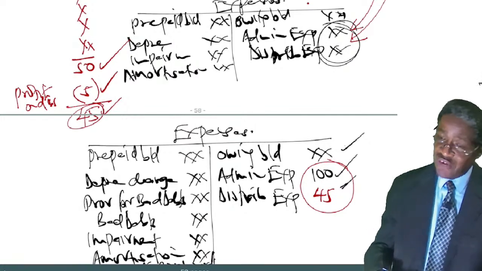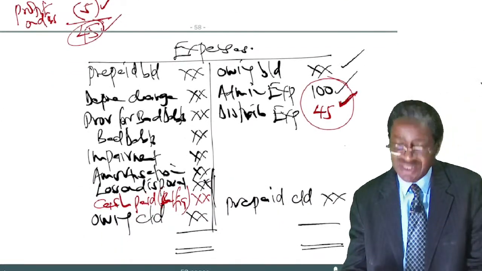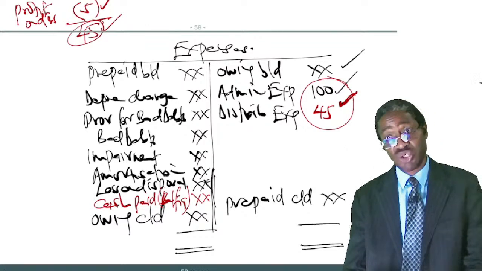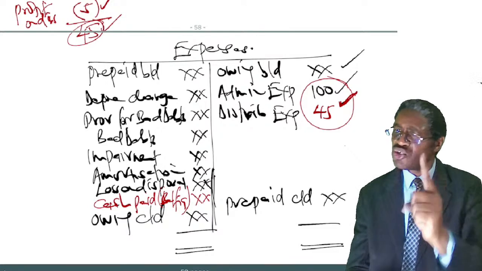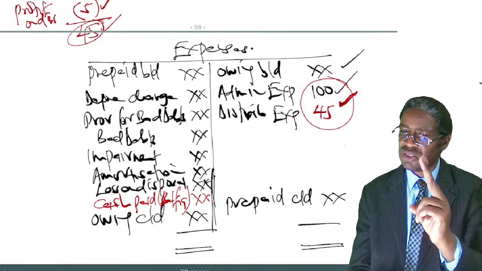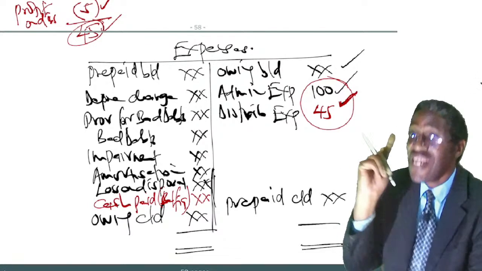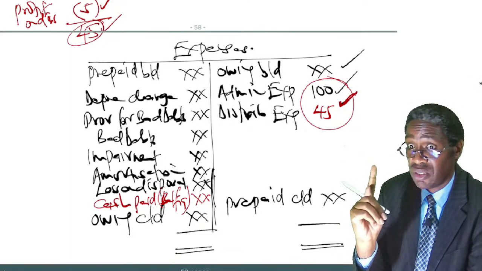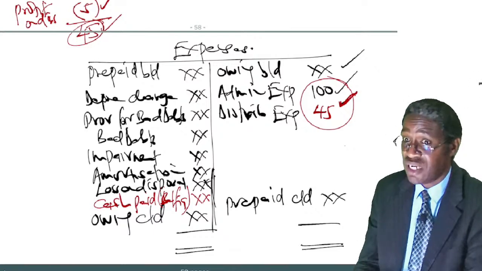That 45 is what you brought here as your distribution expense. But the true distribution expenses were not 45, they were 50. So this distribution expense is less than it should be. The one you have brought in the income statement is less than it should be.